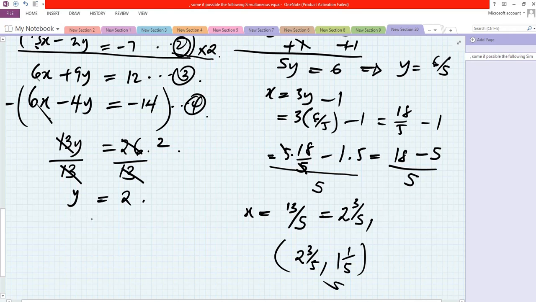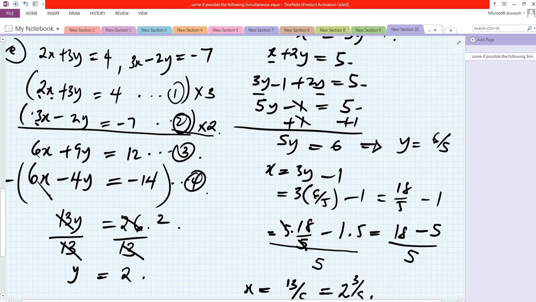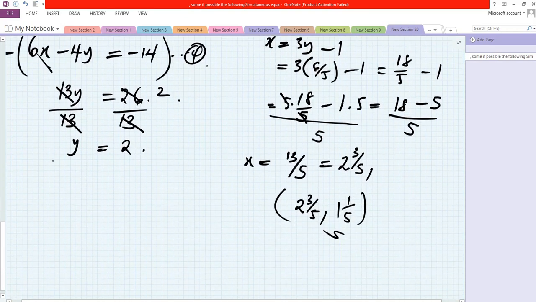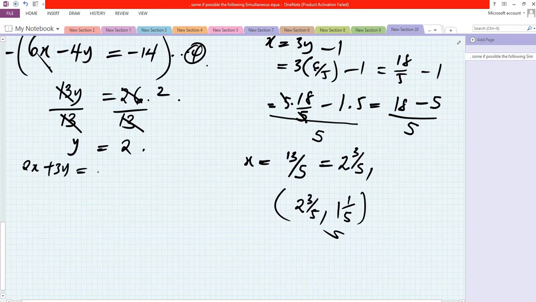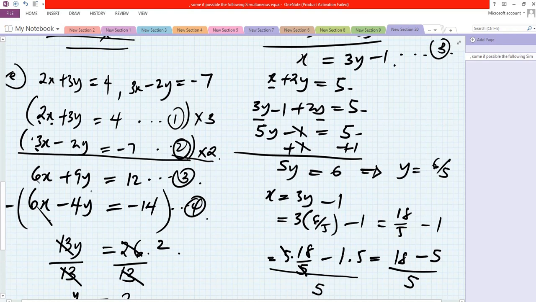Now, substituting y equal to 2 into any of these equations, any of equation 1 and 2. So now, substituting into equation 1, you have 2x plus 3y equal to 4. This is equation 1.